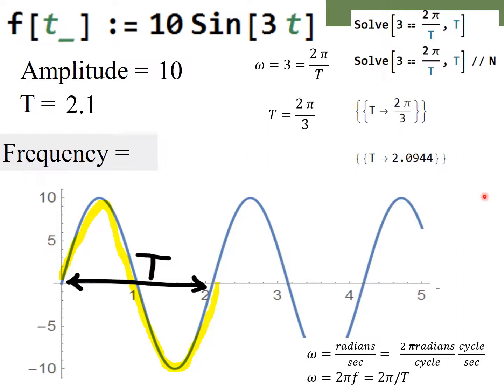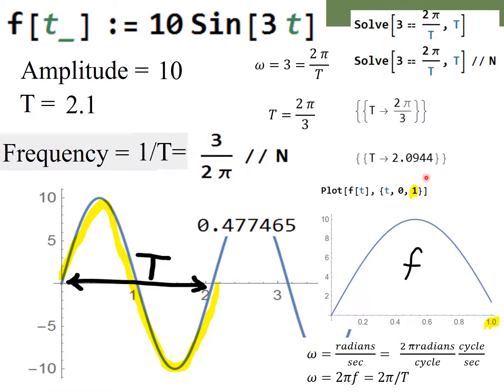So you can solve for the period or for your frequency, and these two are just inverses of one another. 1 over your period is equal to your frequency, so seconds per cycle or cycles per second. Either way, it's the same sort of thing.